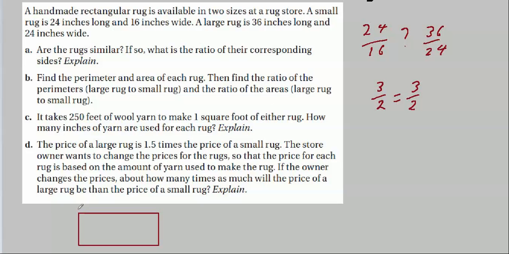Remember you've got a rectangle with a width here and a length here. So the perimeter is just W plus L plus W plus L, which would be 2W plus 2L. That's all we have to do for perimeters. So it's going to be pretty easy to work this out. For the smaller rug, we have 2 times 24.